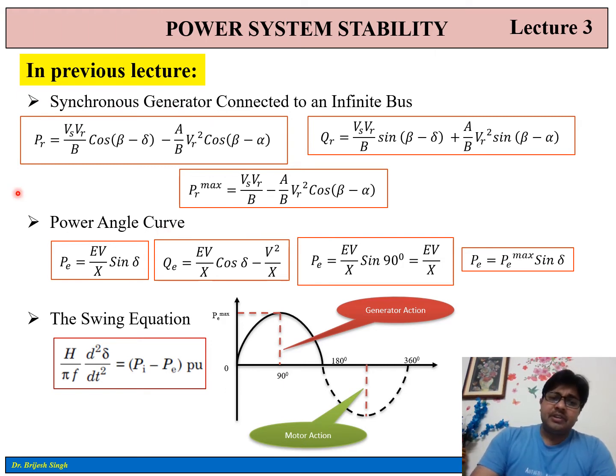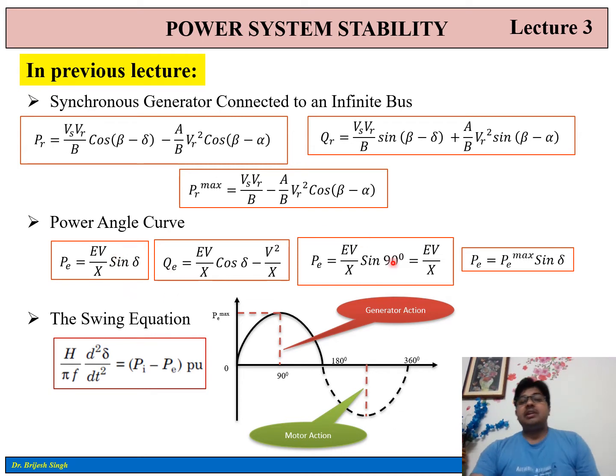Then we have discussed the power angle curve, where the power angle curve is basically a representation of the relationship between the power and angle. So basically the active power P is equal to EV by X sine delta, where the active power injected to the network, or the maximum power generated by any synchronous generator, is based on the load angle.